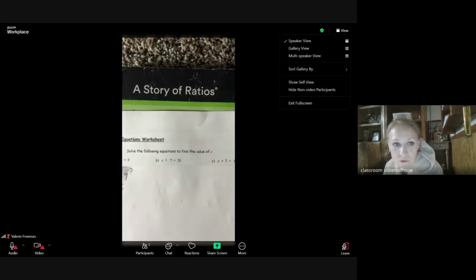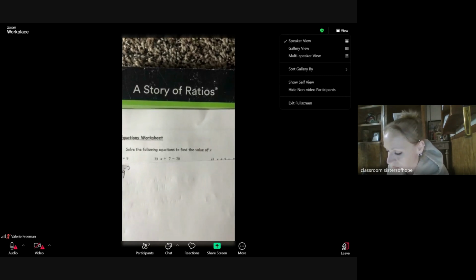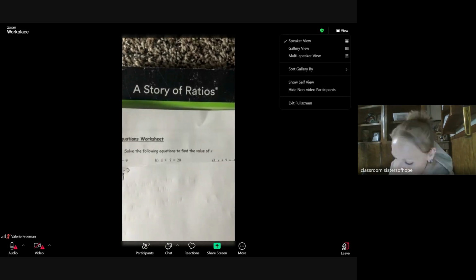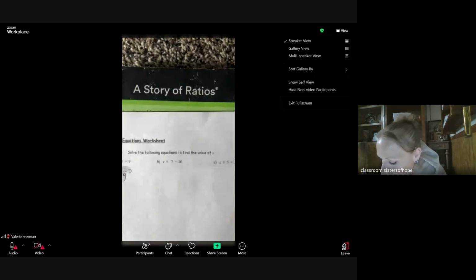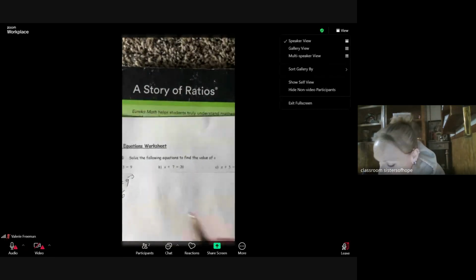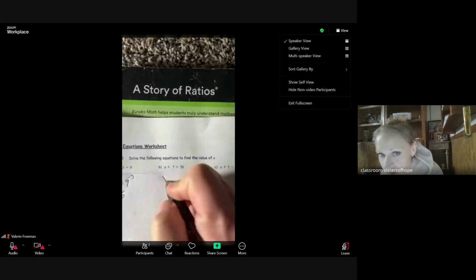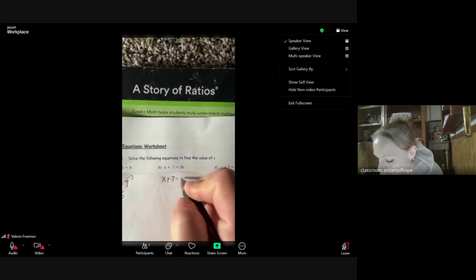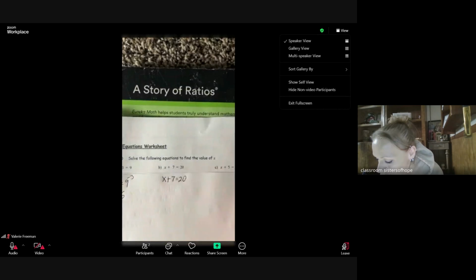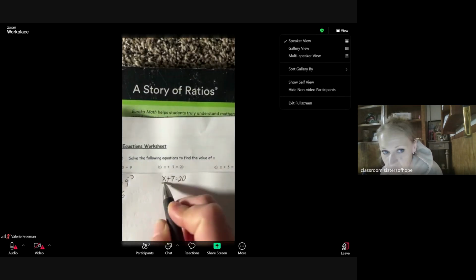All right. Let me do the second one for you, talk through it, and then I'm going to get one of you to talk me through it. Tell me how you're going to do C. All right, so I've got x plus 7 equals 20 as my equation. My variable is x. That's the number that I don't know and I'm trying to answer for.